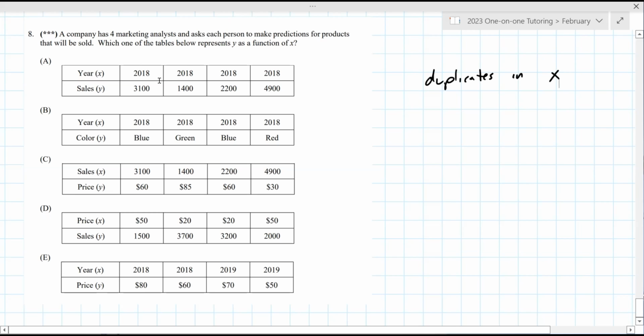It's not a function if one input goes to different outputs, but it is if they go to the same number. The duplication isn't enough. It's got to go somewhere different. So B is out for the same reason. And this last one here is also out for the same reason. D has got a 50 and a 50, so it's also out.